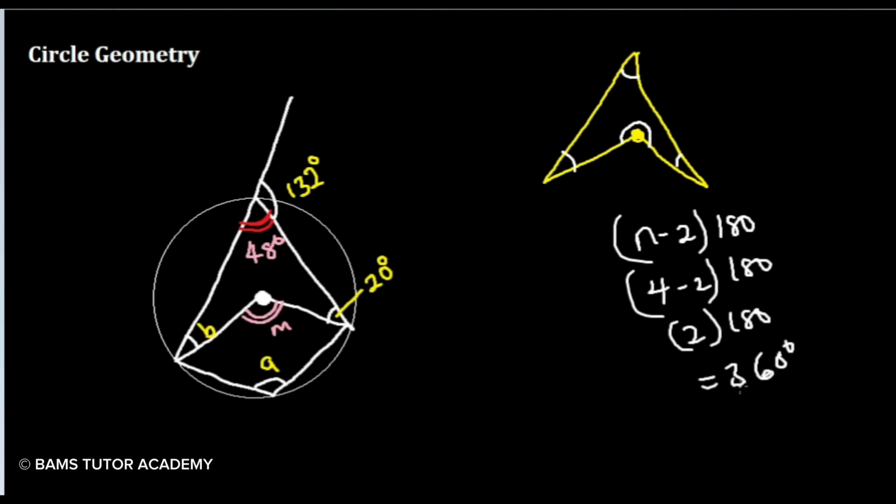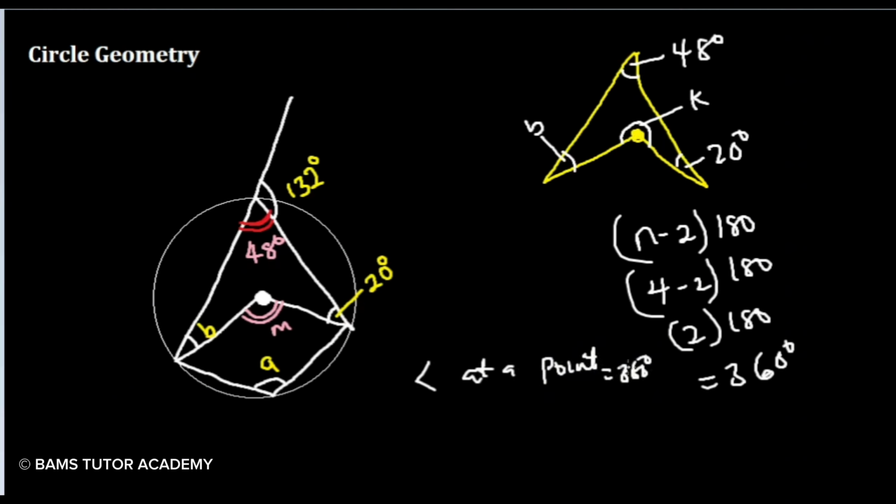Okay, so having that in mind, we already have this point to be 20 degrees, and we already have this point to be 48 degrees from our calculations, but we don't know what this place is. Let me call this place K. So if I want to get K, it's very simple. We remember that angle at a point is equal to 360, which means that M plus K is 360.